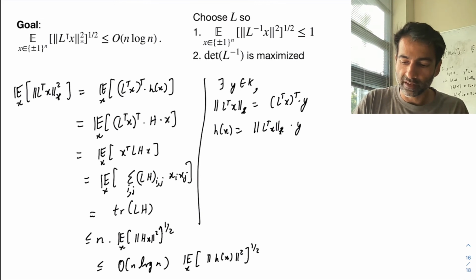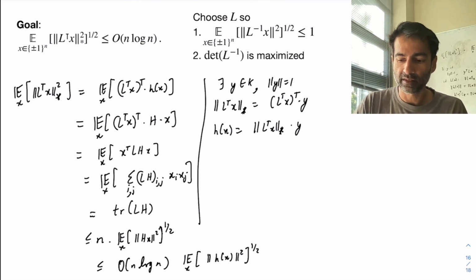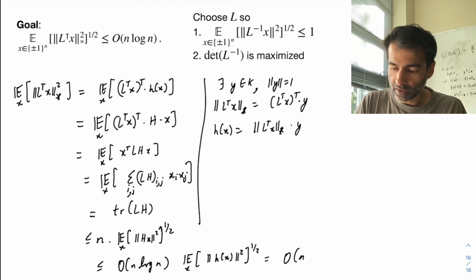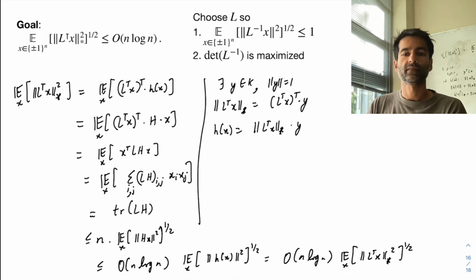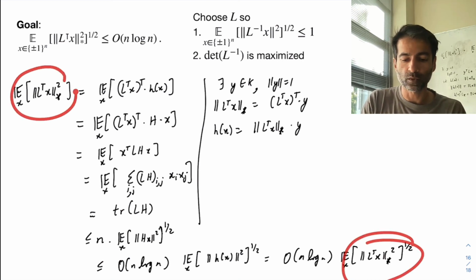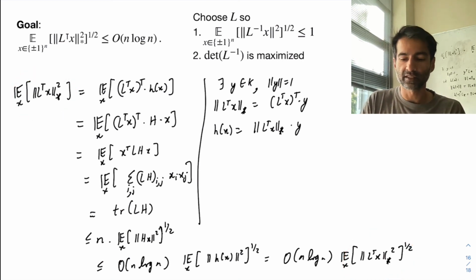The norm of y here is 1, because y belongs to the body. And so the norm of h of x is actually equal to the dual norm of L transpose x. And this proves exactly what we wanted to prove, because here you have this quantity, and here you have its square. So dividing it out, you get what we wanted to prove.